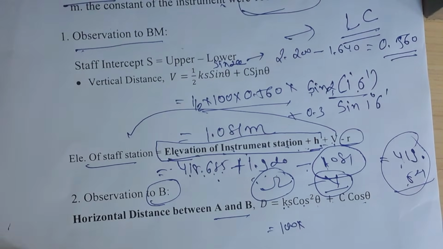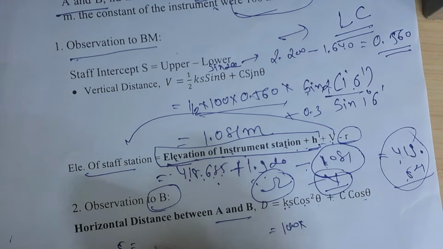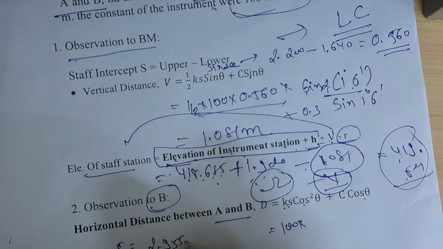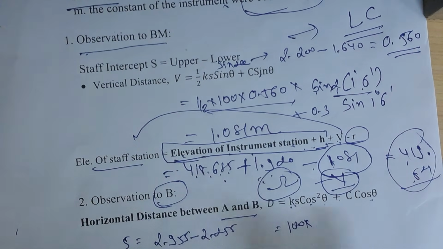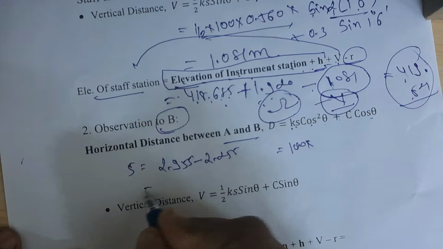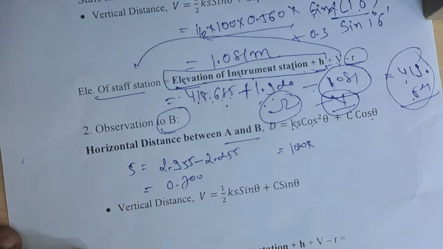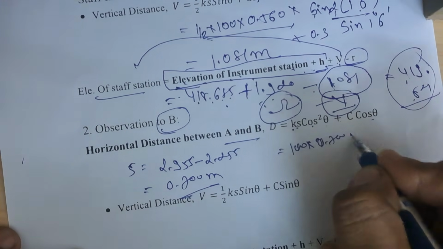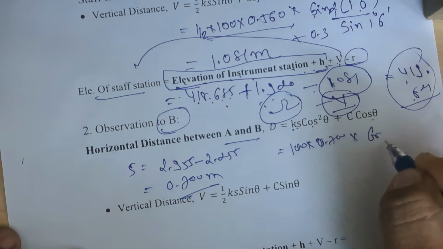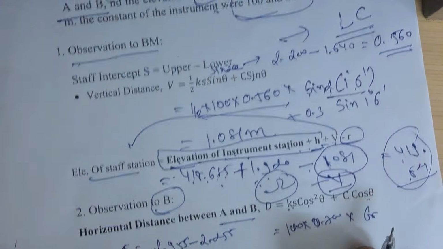So reading observed at B, that means the staff intercept is equal to 2.955 minus 2.255. Okay, so we have our answer, 0.700 meter. Then theta is given to you in the vertical, that is 8 degrees 24 minutes.